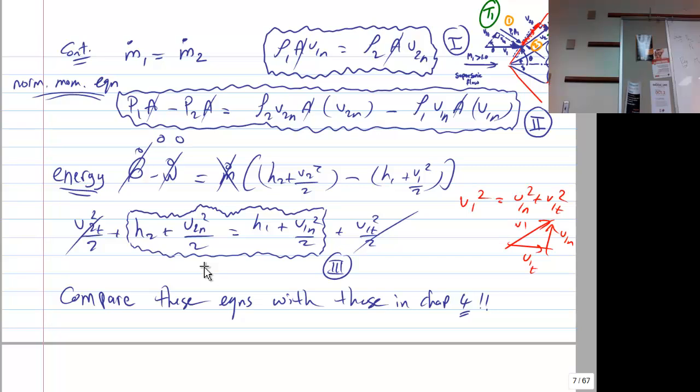They are the same. They are the same except what? What difference do you see? Right. Rather than saying V1 normal, you have V1. Rather than saying V2 normal, you see V2. Right? But the pressure is the same. The H also reads the same.